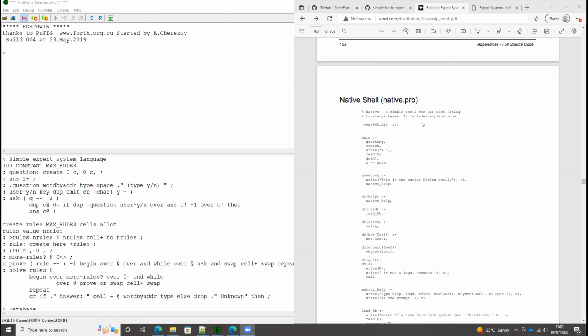And what the author had done is he had used Prolog to implement expert systems, right? So you have an expert system which is implemented in Prolog, which is implemented in Forth. And the advantage was, since Forth can run on devices with limited memory, you'd be able to have an expert system on your device.